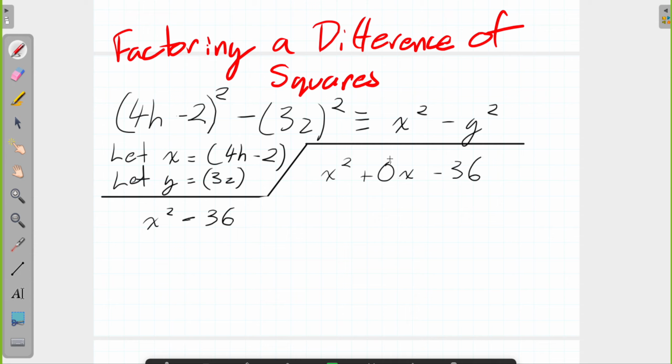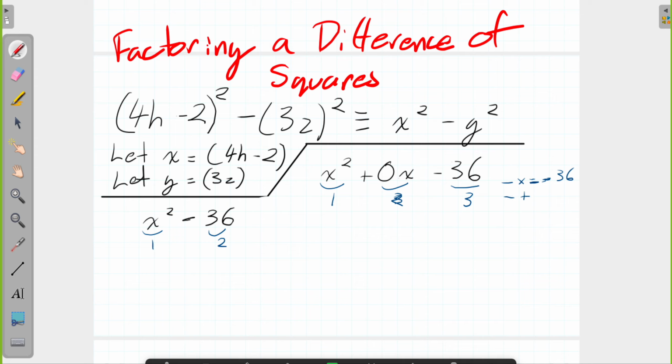This is no longer a binomial, and with difference of squares, we deal with binomials. There's 1, 2 terms. Bi means 2, like a bicycle. Here we have a trinomial, like a tricycle. There are 3 terms. In decomposition, we know we're looking for 2 numbers that multiply to equal whatever a times c is. In this case, it's 1 times negative 36, which is just negative 36.